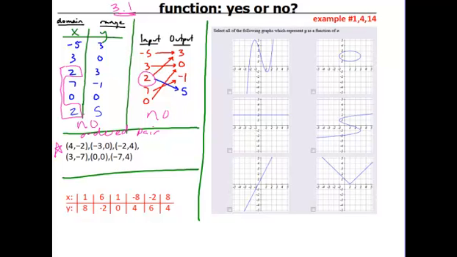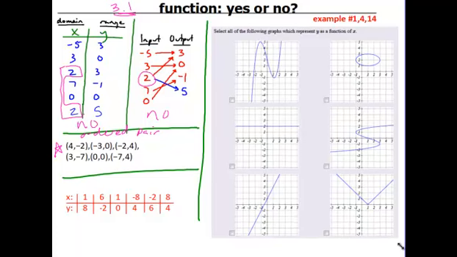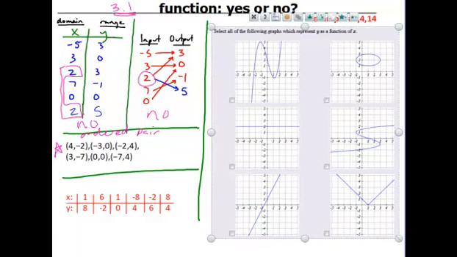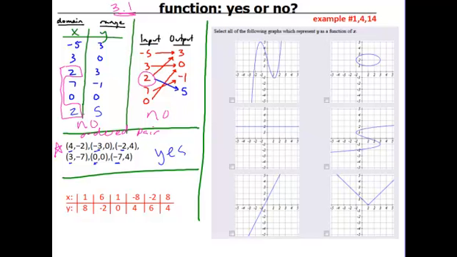Okay, are there any 2 values of x that yield different y values? Okay, so when you go through and you look, 4, 3, -3, 0, -2, -7, do any of those even repeat each other? No, so you don't even need to worry about it. This is going to be a function.